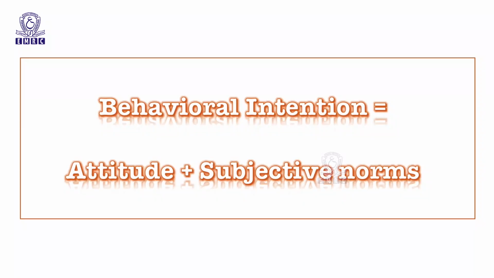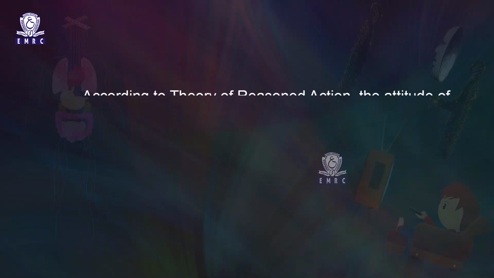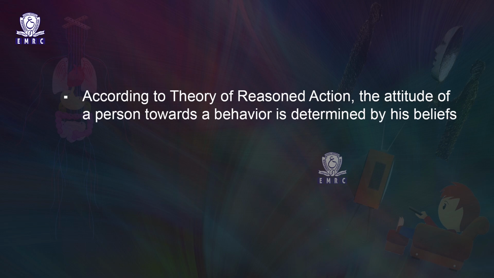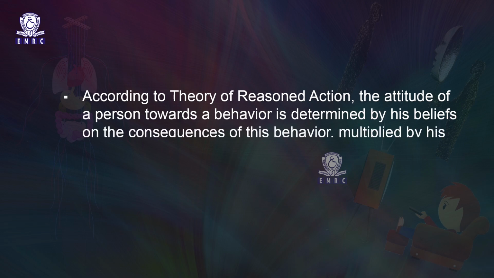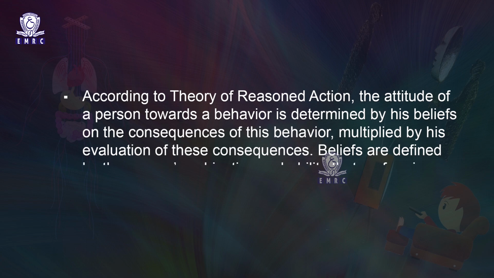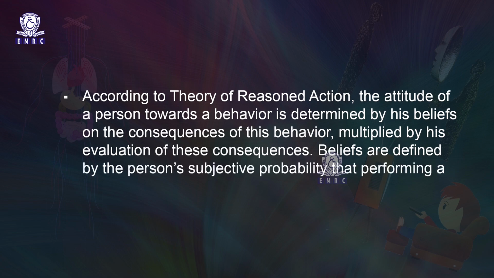This theory can be summarized by the following equation. Behavior intention is equal to attitude plus subjective norms. According to the theory of reasoned action, the attitude of a person towards a behavior is determined by his beliefs on the consequences of his behavior multiplied by his evaluation of these consequences.